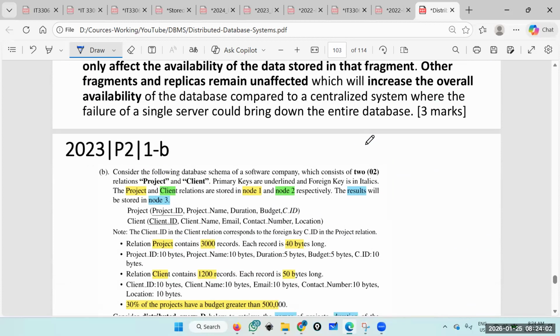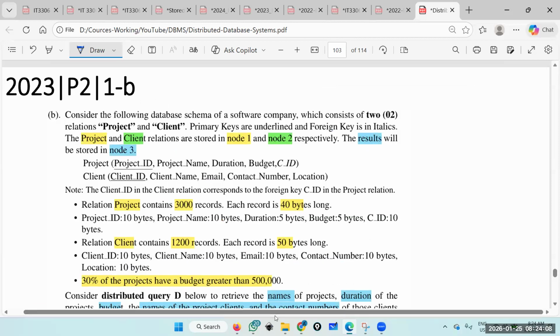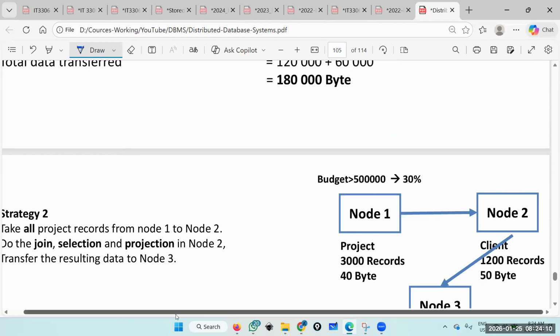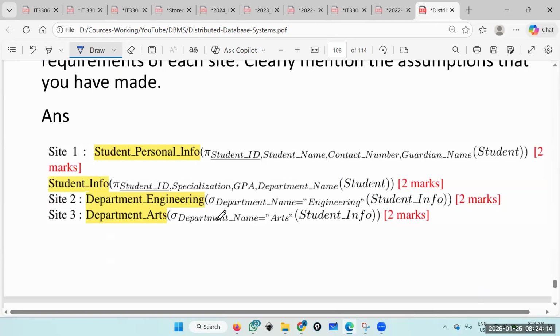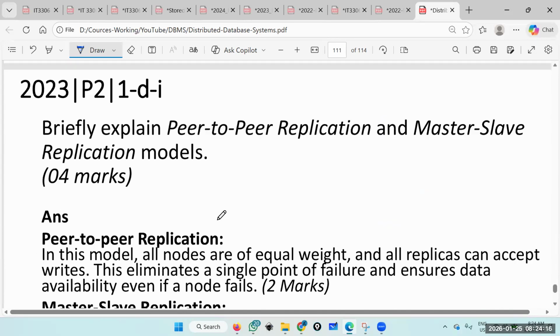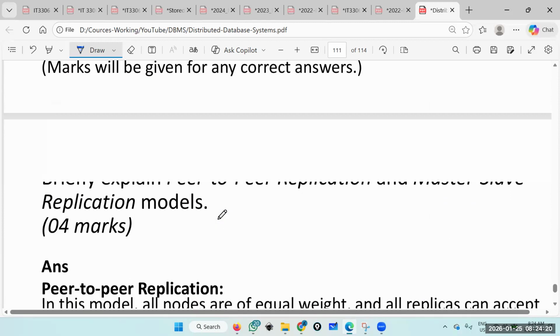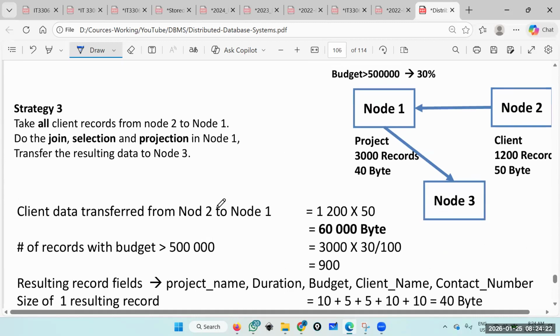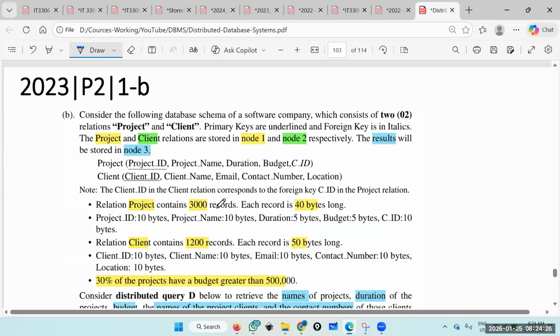Right, so let's do the 2023 paper two. Don't we have the 2024 question? Maybe we have not done the 2024 question. Only the 2023 question, yeah. So let's first do the 2023 because we have the answers also. Then we'll do the 2024 and 2022.